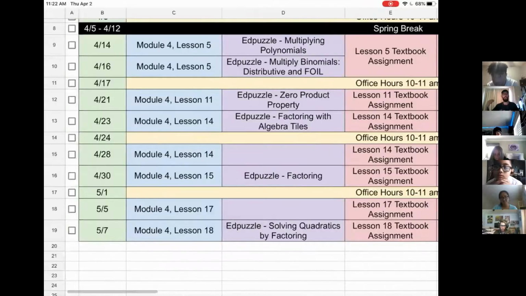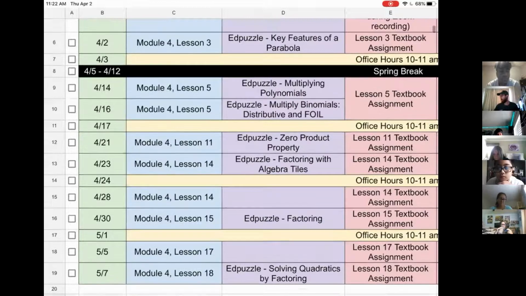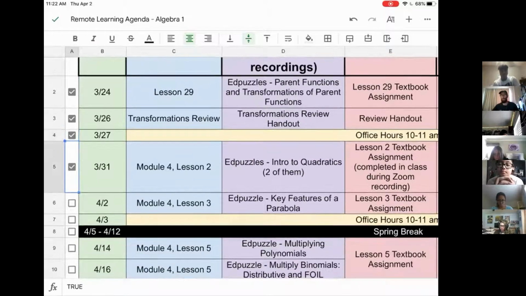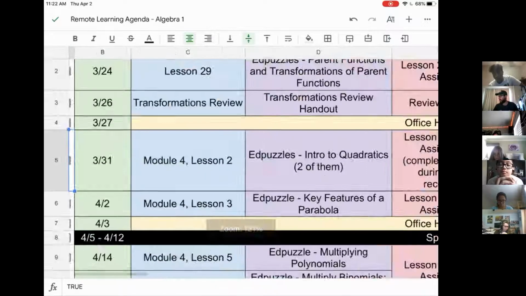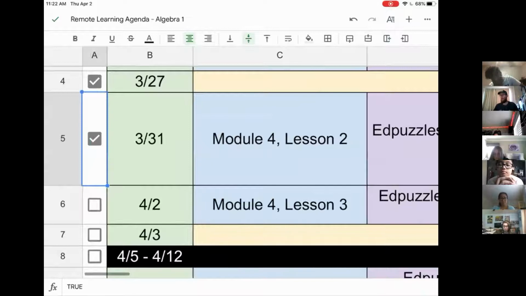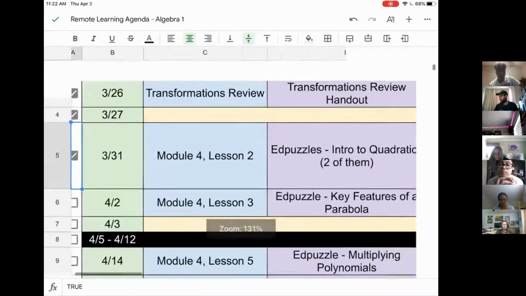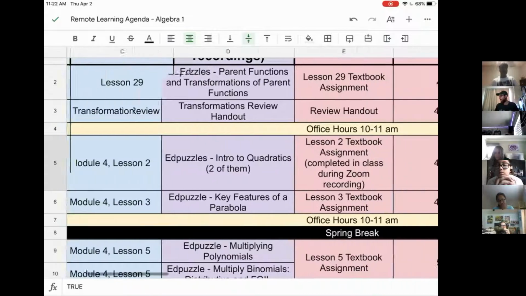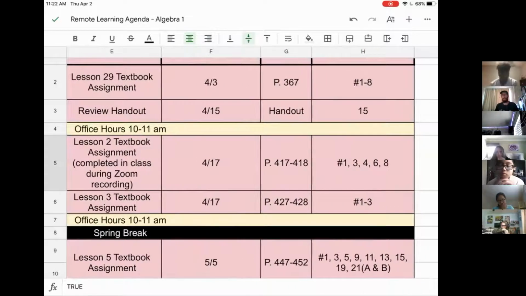And if we do get further along the way there, I will extend this to go through the rest of the school year if that becomes the situation. But we've done lesson 29, we've done transformation review, and office hours last week. Lesson 2 we did on Tuesday, which takes us to today's date, April 2nd, and we're doing lesson 3. There is an accompanying Ed Puzzle called Key Features of a Parabola, which posted this morning. And yes, there is an assignment.